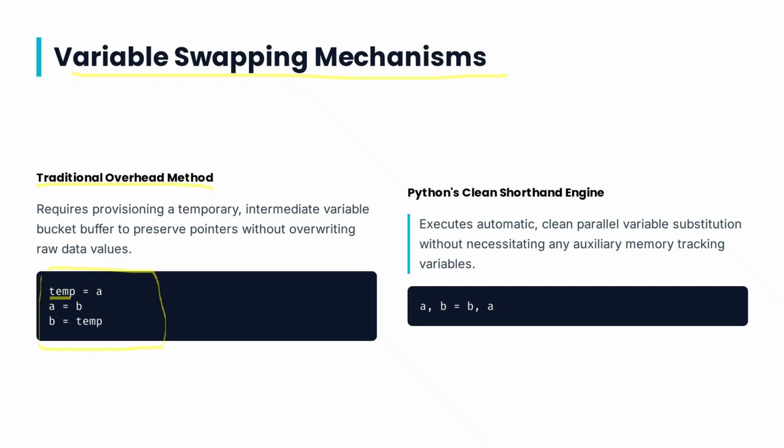So it's very simple. We will take a third variable and store the value of a in the third variable. The third variable is an empty container. We will store the first value of a in the third variable. Then we will overwrite variable a by assigning it the value of variable b. Now the value of variable a is equal to the value of variable b.